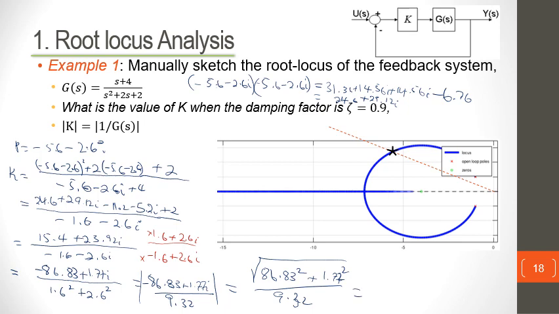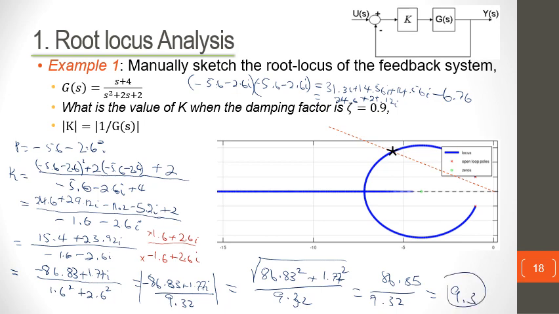If you put that into your calculator, the magnitude becomes 86.85 divided by 9.32, which is roughly 9.3.